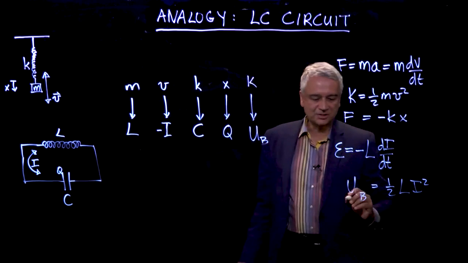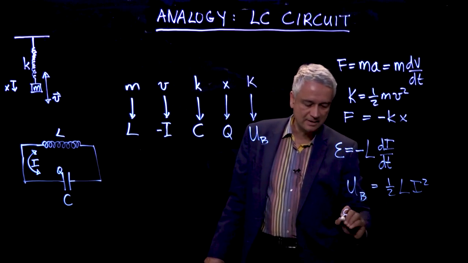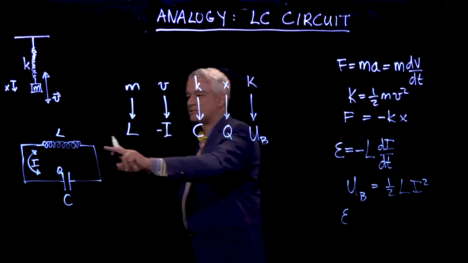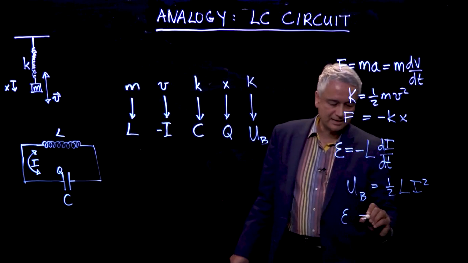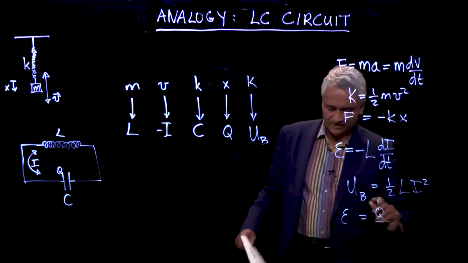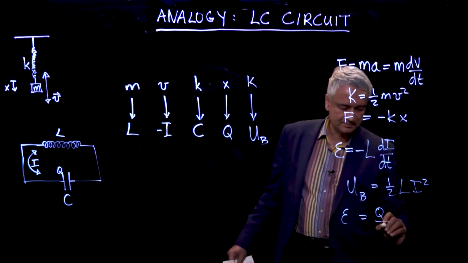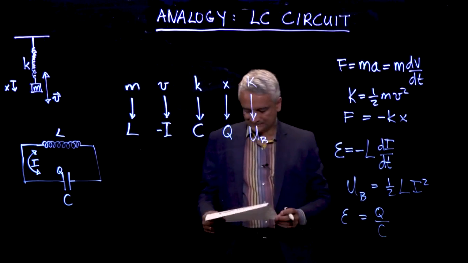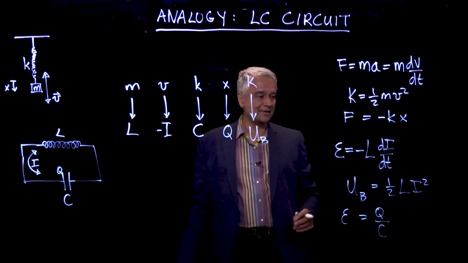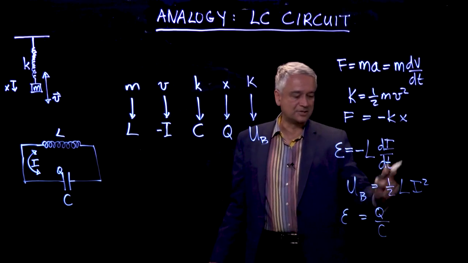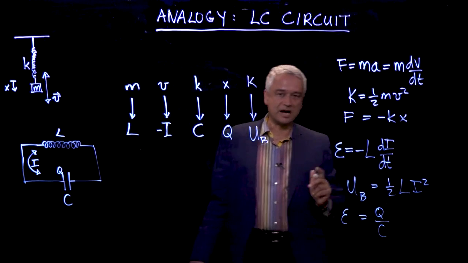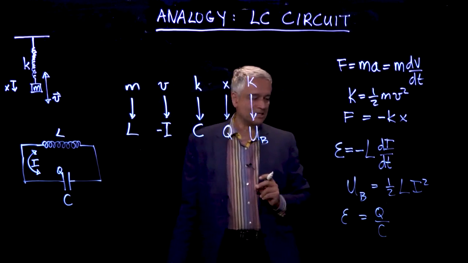And then let's check the voltage, not across the inductor, but across the capacitor. And that is Q over C. And so now to draw the analogy, I need to relate K to C and X to Q. And you see there are different choices that are possible here.